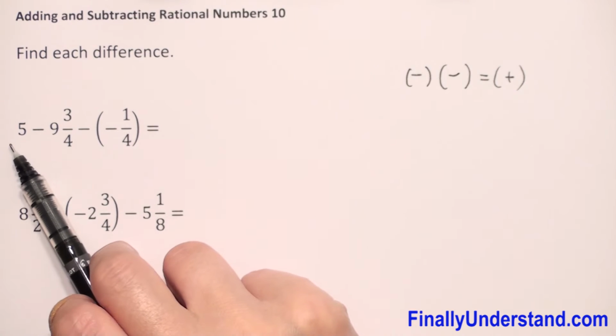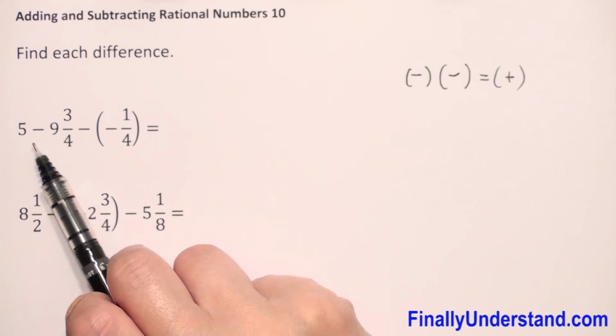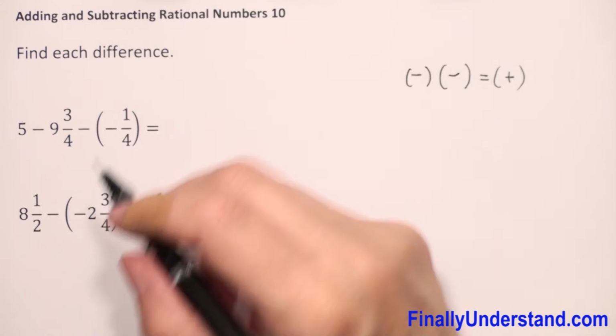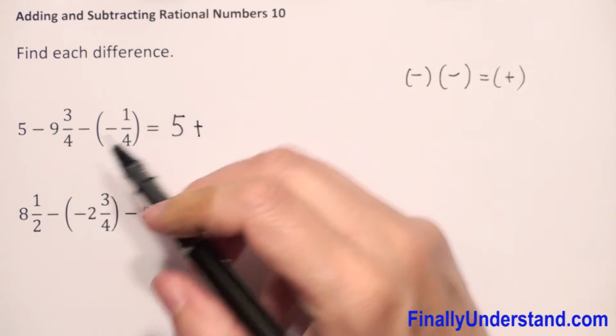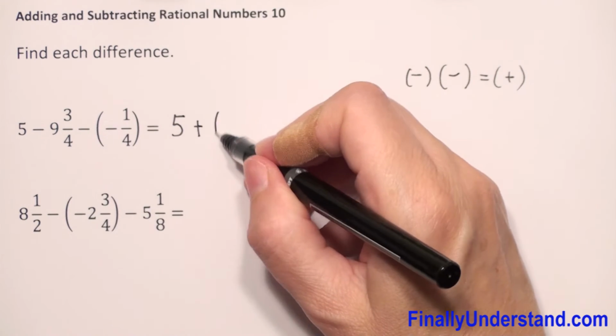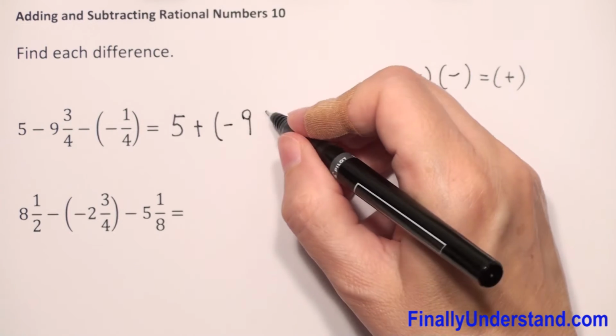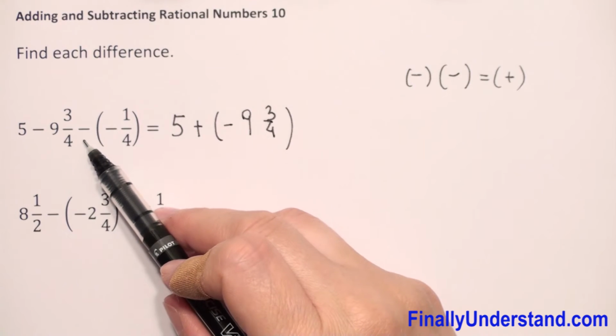But start from the left side. We have 5 minus 9 and 3 over 4, subtraction. So we can change this subtraction to addition of the opposite. The opposite of 9 and 3 over 4 is negative 9 and 3 over 4. The same here.